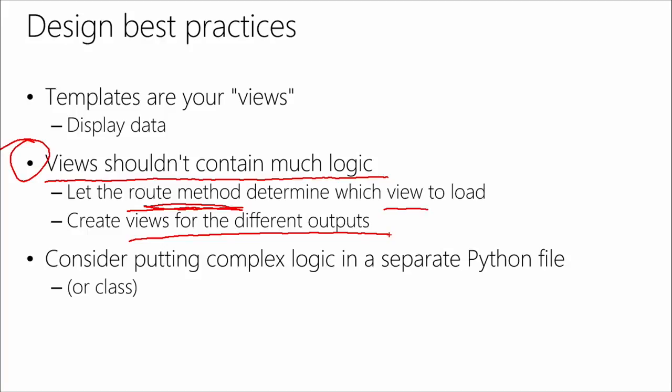Because that, in the long run, is going to make things that much more flexible. Because I get to focus my attention on how I want this to be displayed, rather than injecting a whole bunch of code, because when you start to do that, it's just going to get confusing after a little while.